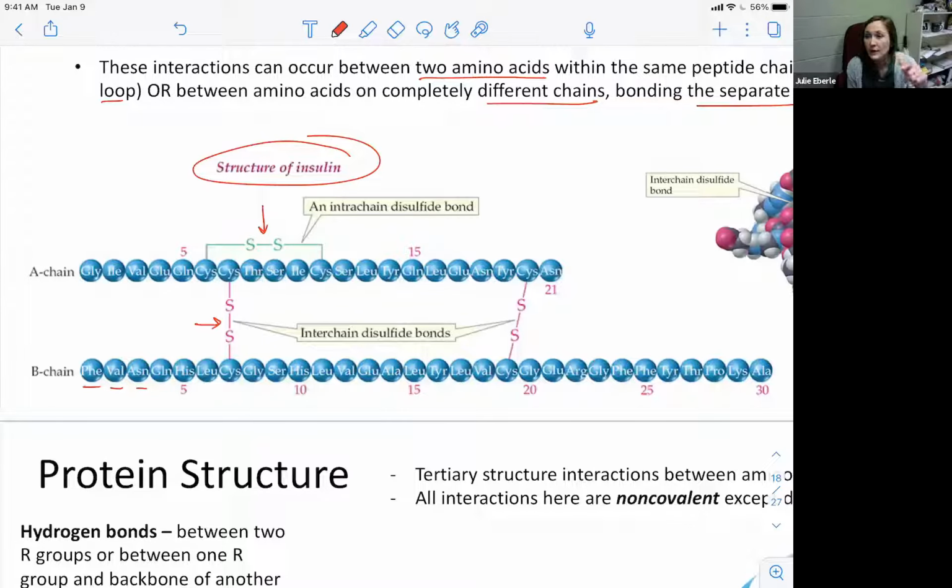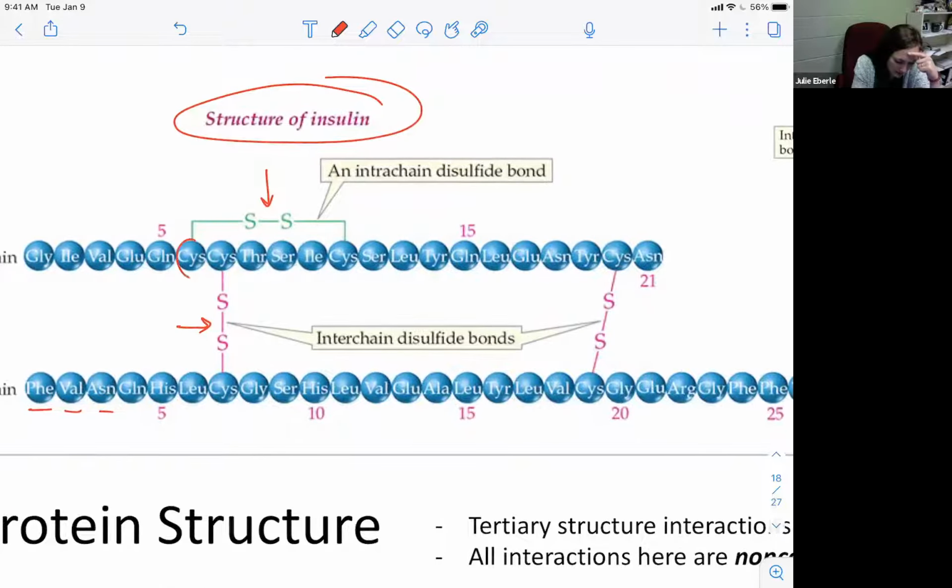So between two amino acids, both, if you look at this, what is CYS? Anybody remember what amino acid that stands for?